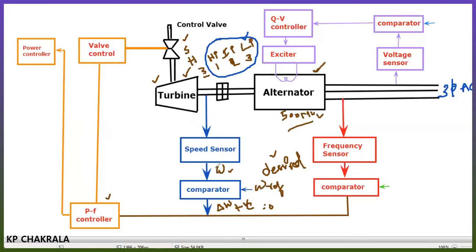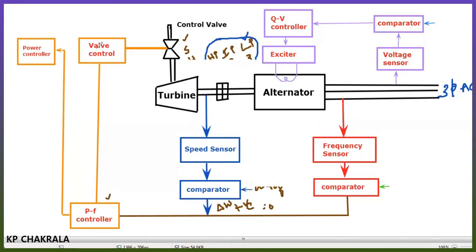If it is more than the desired value, delta omega, the error, will be positive and it will be fed to the PF controller, and the PF controller will control the input to the turbine in such a way that the input to the turbine will be less. The speed will be reduced until it is equal to the omega reference. So this is what happens here.